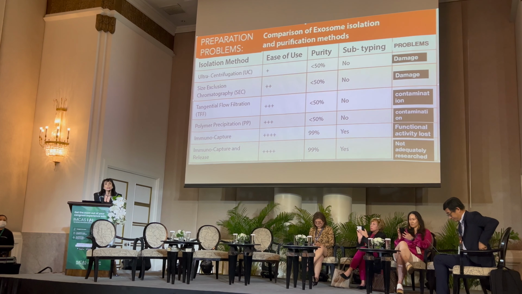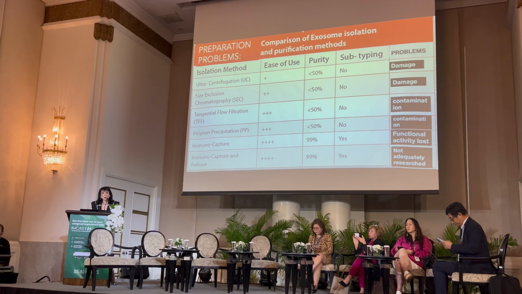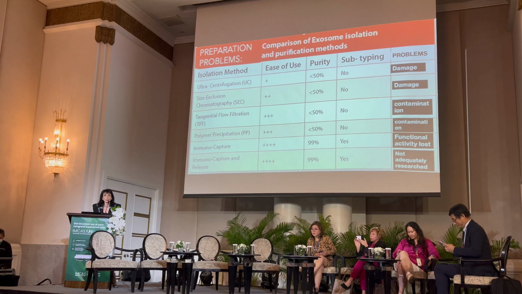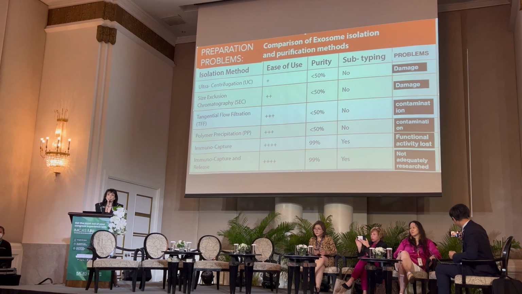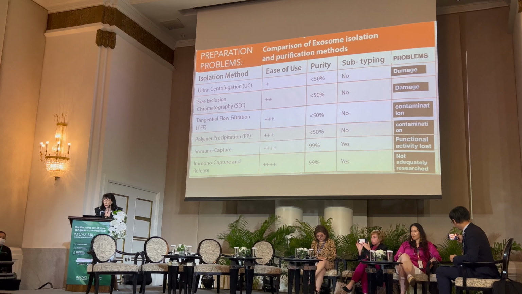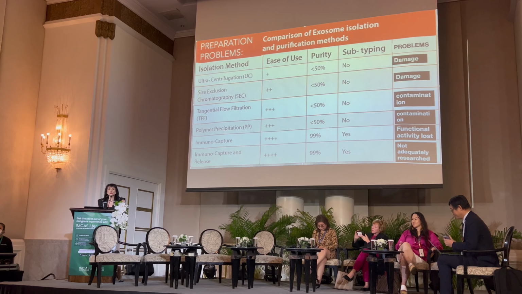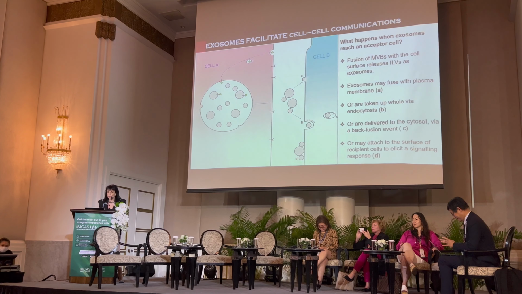A lot of the methods that offer the highest purity, 99% purity, are not very well researched. As you can see, the UC method only has 50% purity. So the method of isolation of exosomes is very important.